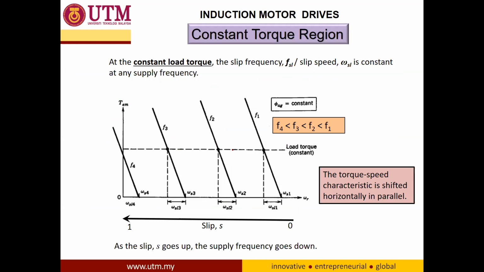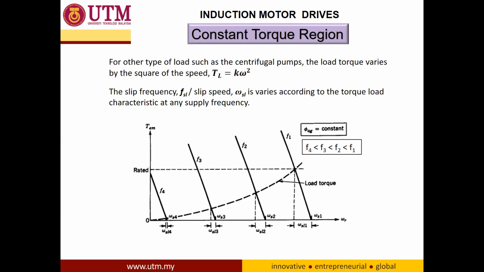And this is the relationship between the slip frequency and the different torque speed characteristics. If you have a constant load torque here, and this is the characteristic of your motor, then the slip frequency for the different torque speed characteristics is equal.